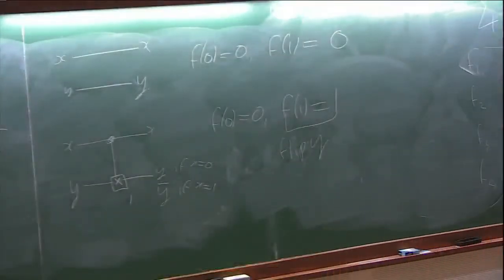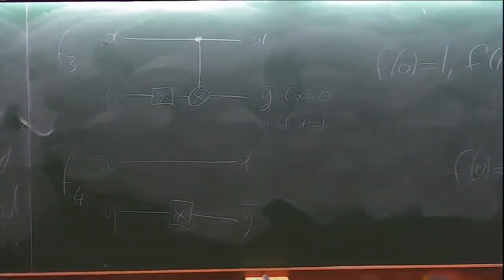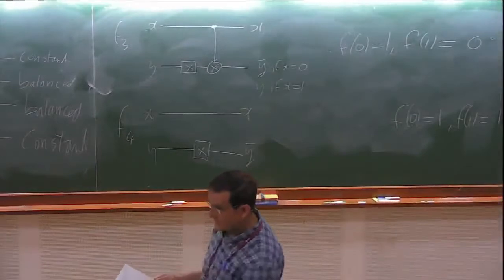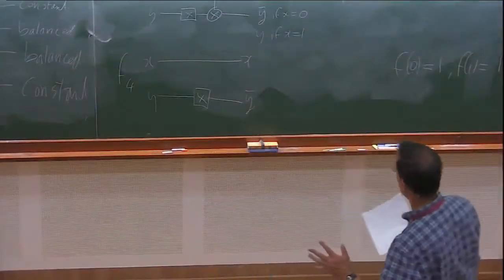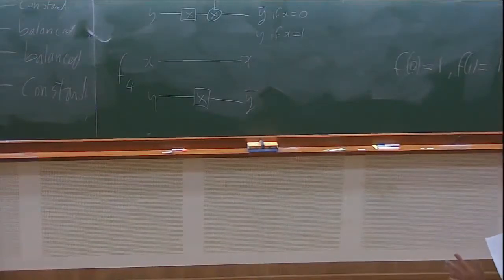And we're going to, by adding Hadamard gates in front and after these functions, be able to tell whether the function is constant or balanced. Now, I should mention the usual way the books describe this is to work through what the wave function is at each stage. Personally, I find it easier to use these circuit diagrams and identities for circuit diagrams. Once you get used to it, I think it's easier.